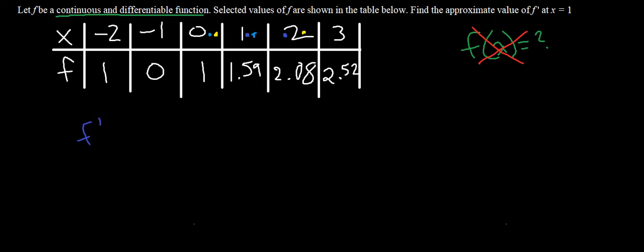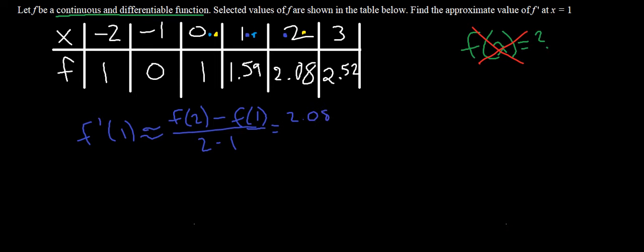We can approximate that f prime of 1 is approximately, using the points 2 and 1, y2, which is f of 2, minus y1, which is f of 1, over 2 minus 1. f of 2 is 2.08, minus f of 1, which is 1.59, over 2 minus 1.